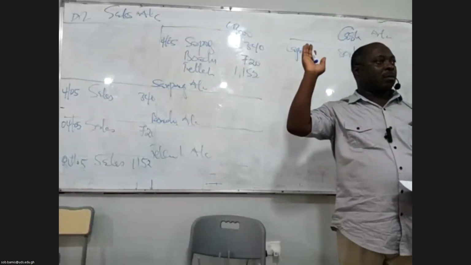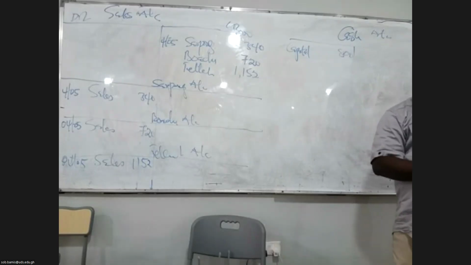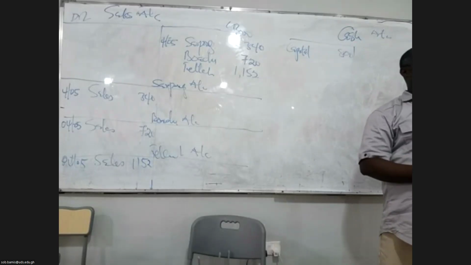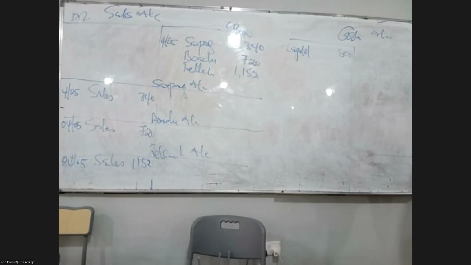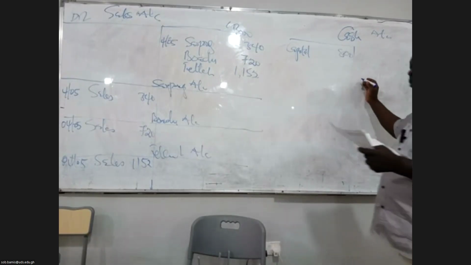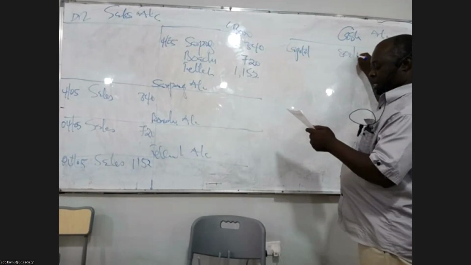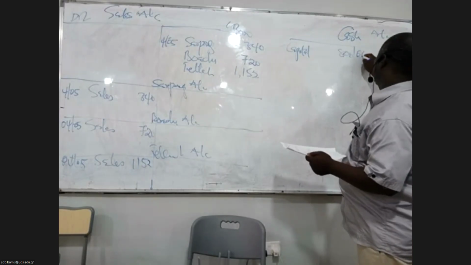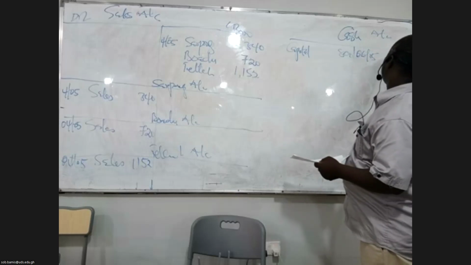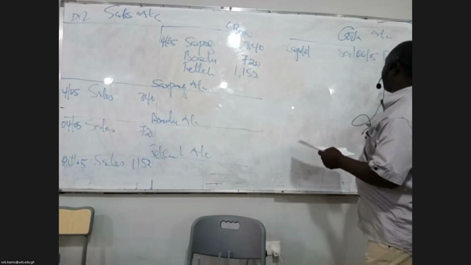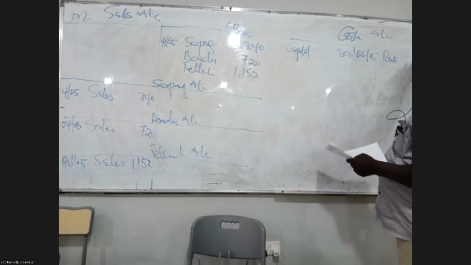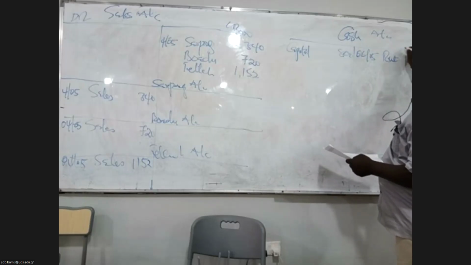The original cash account. So now that we are paying rent, do we credit or debit cash? Credit cash. So that is on the 6th of May, we say rent. How much is it? 180 Ghana cedis.